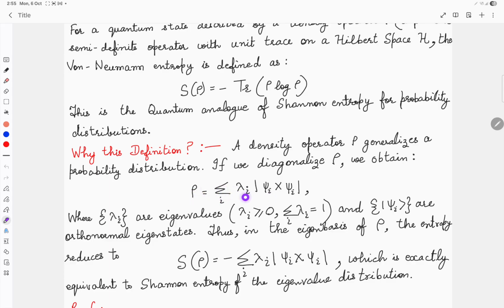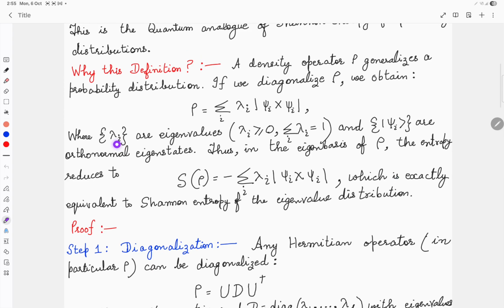This relationship is in terms of the eigenvalues, where the set of λ_i's are the eigenvalues, all greater than or equal to 0, and the sum is equal to 1. The states represented by the kets ψ_i are orthonormal eigenstates. So when we represent ρ in terms of the eigenvalues, that is called the eigenbasis of ρ.